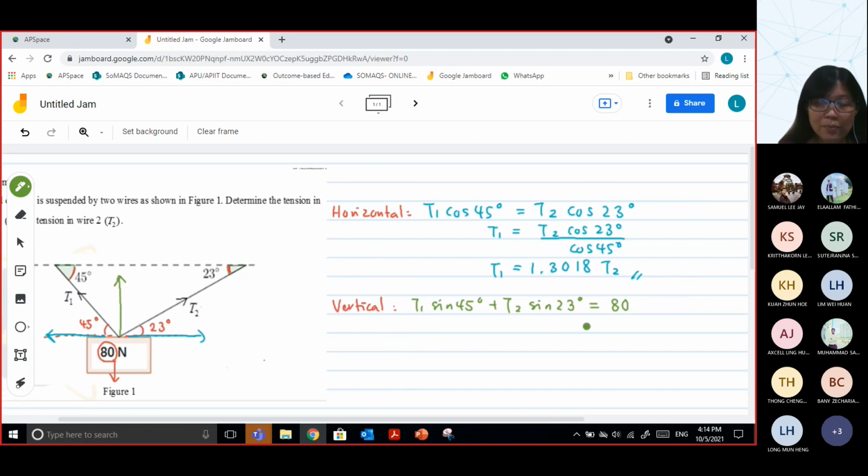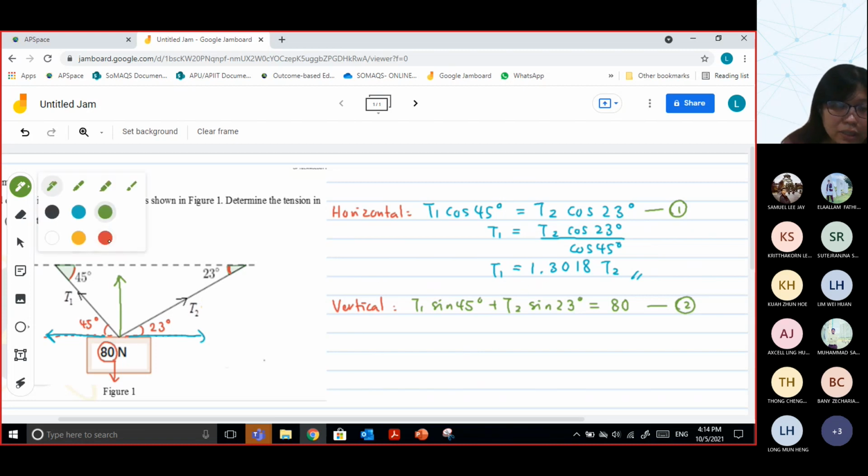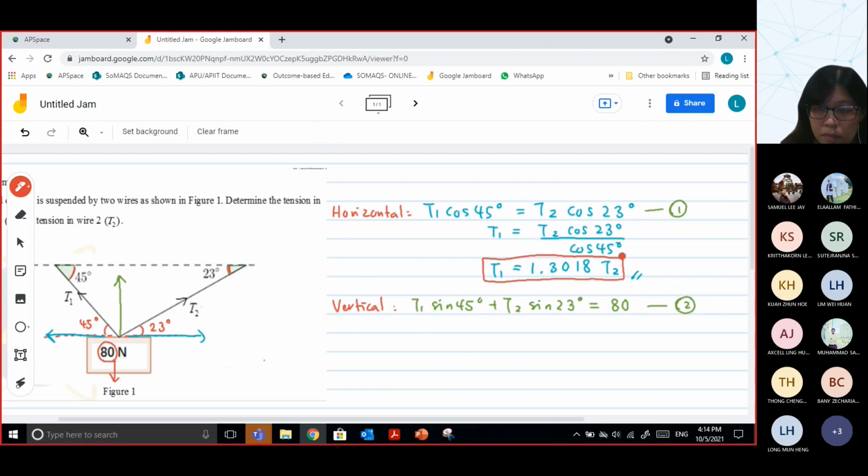Okay, so now we already have the second equation. Just now this one is equation 1 and this is equation 2. For the first one, let's substitute this into here.